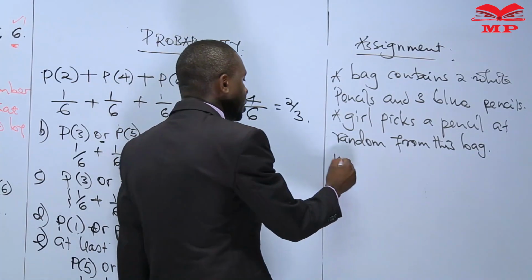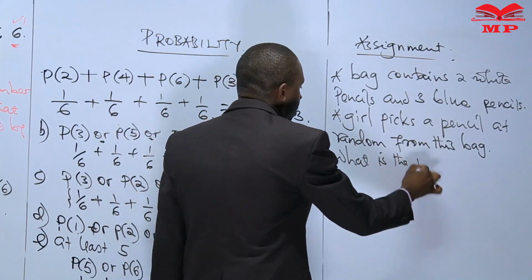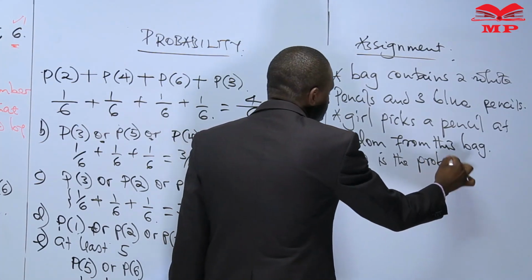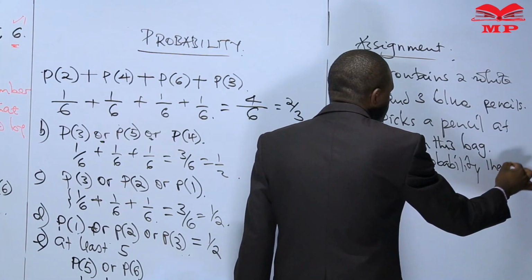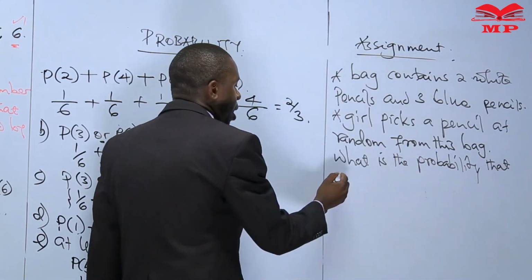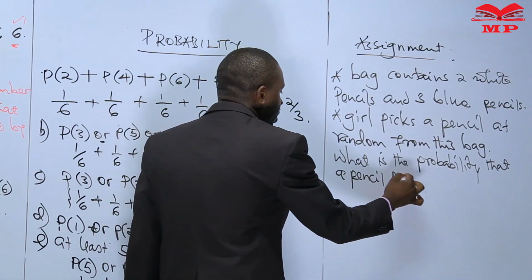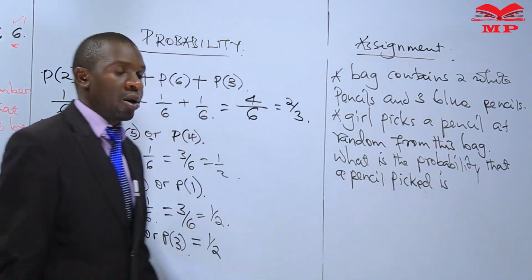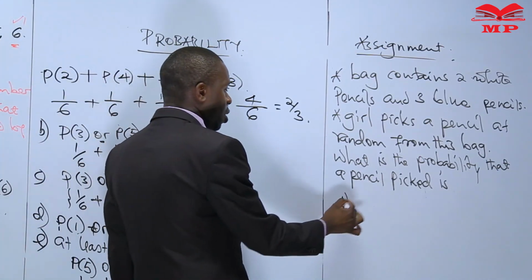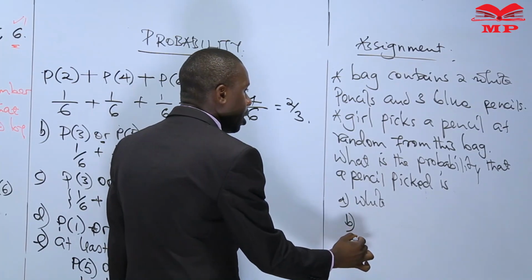What is the probability that a pencil picked is A, white, B, blue?